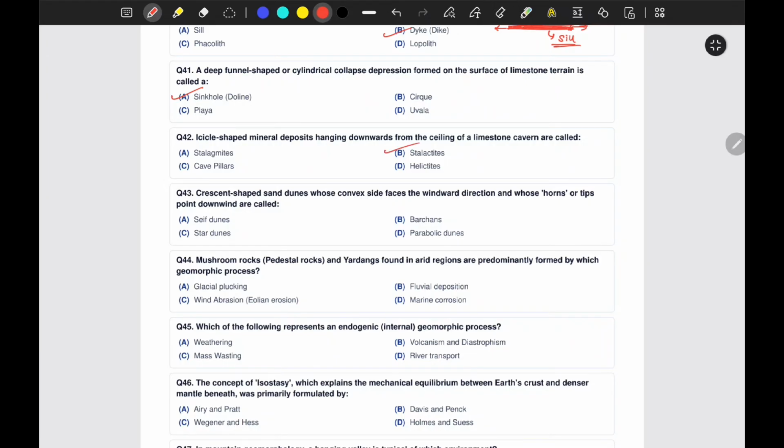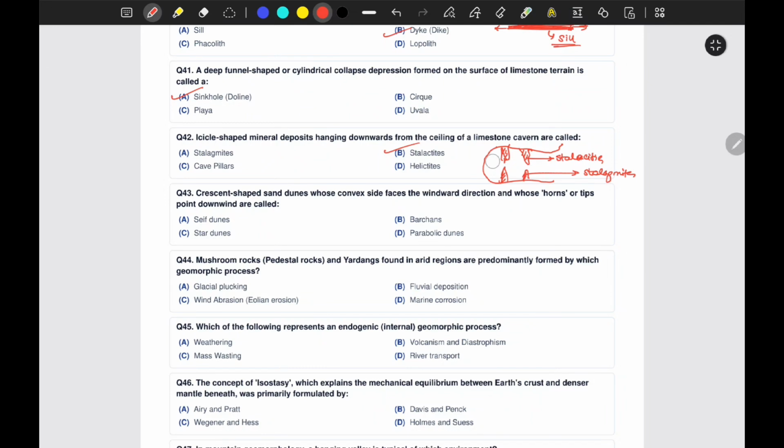Okay. And what are stalagmites? For example, see, let me draw you a rough figure of a cave. Okay. For example, this is a cave. There will be certain structures like this that you might have seen. So see, this one is known as a stalactite, and this one is known as a stalagmite.